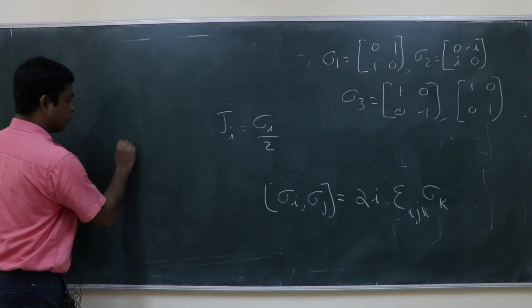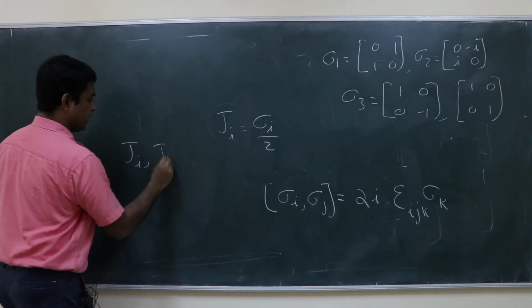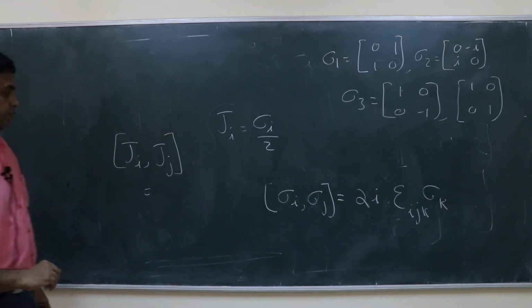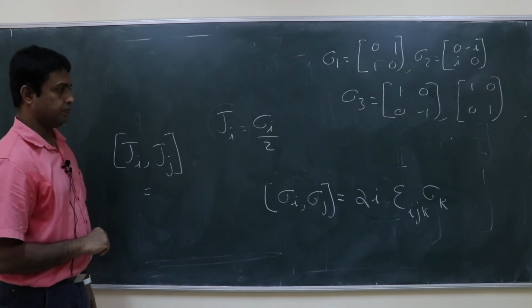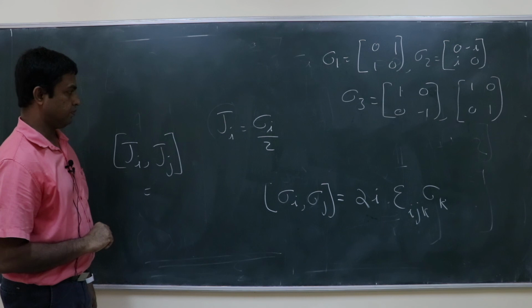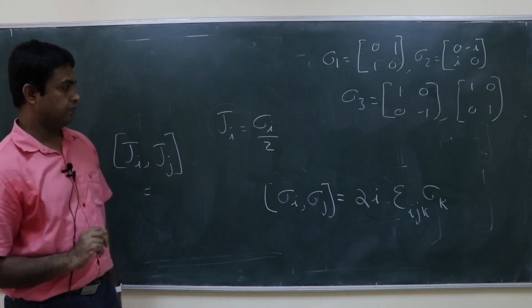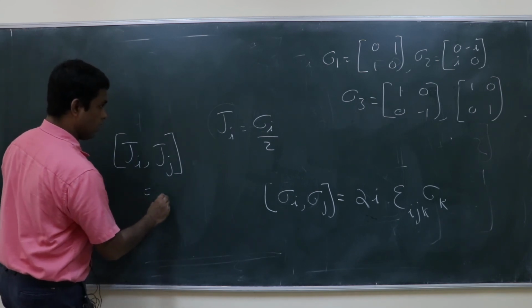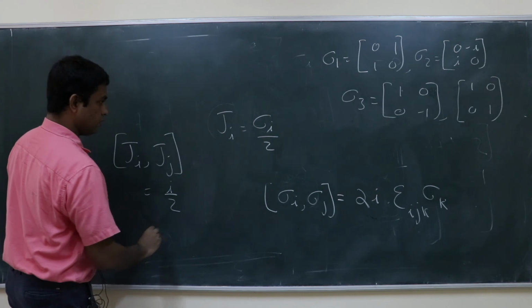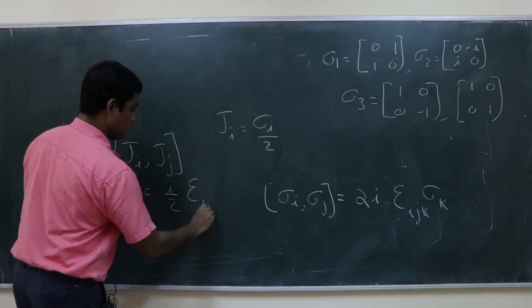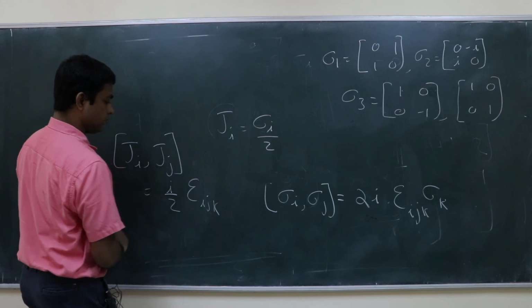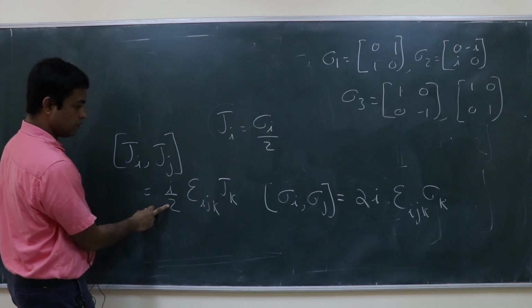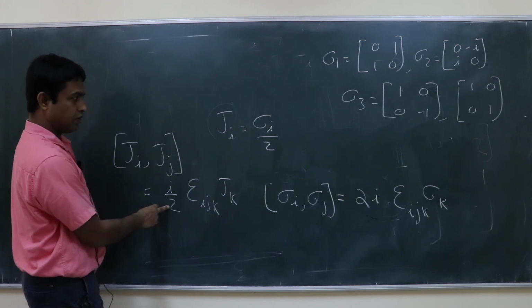So what will be the commutator of j i with j j? i by 2 epsilon ijk j k? Is there a 2 here? Yes, sir.